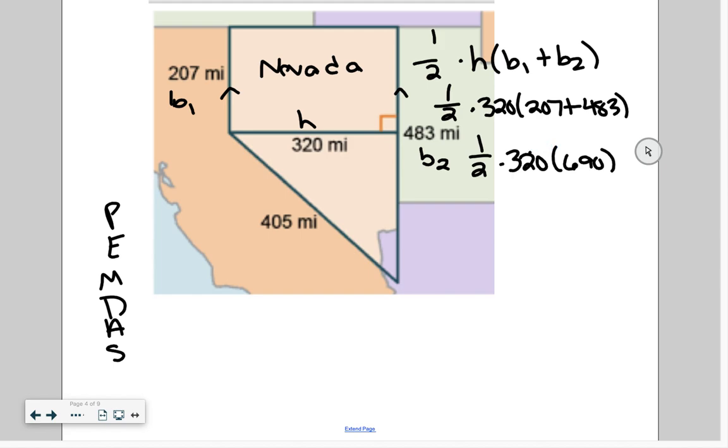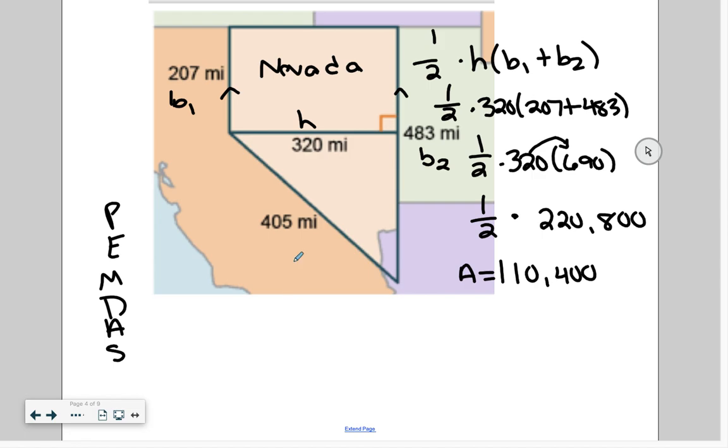Our next step is to distribute this 320. That gives us 1/2 times 220,800. So when we multiply this, we end up with 110,400. Now we're dealing with area, so I'd like for you to get in the habit of writing that A equals.